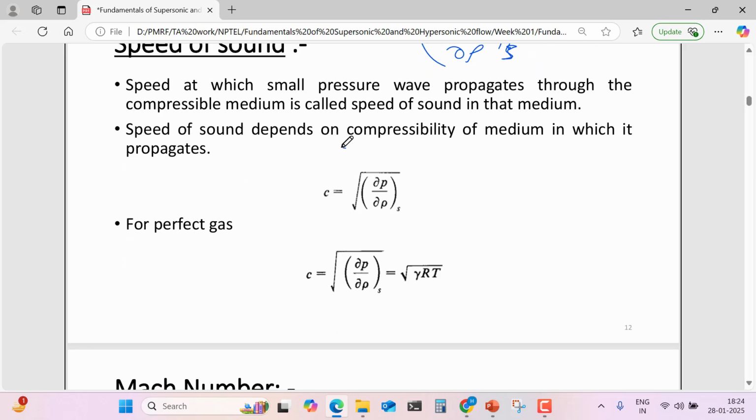So it depends on the compressibility of the medium, and it is given by, you can see, this is A. It is given by under root dou P by dou rho, isentropic. This derivative is taken at the isentropic condition. So if you know that P v^gamma equals constant, it can also be written as P upon rho^gamma equals constant.